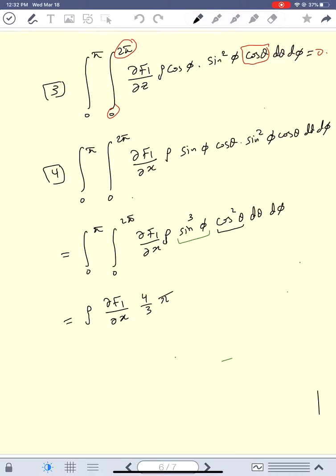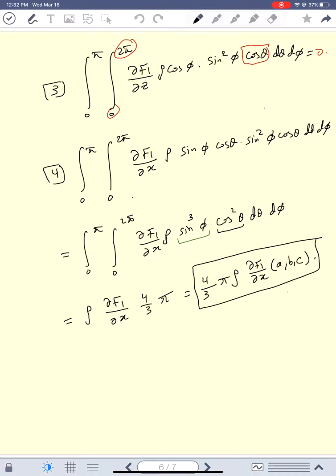Now let's have our summary for this integral. So this is 4 over 3. Remember, the derivative was at a, b, c. I'm writing it here. So this is our final answer for the first integral.